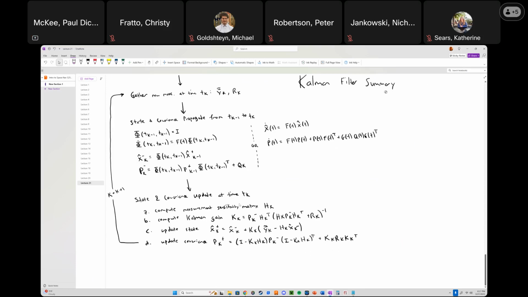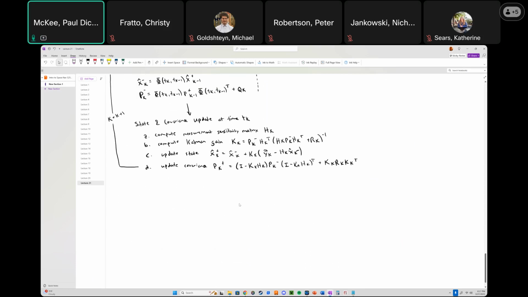So the next thing I want to talk about is Kalman filter considerations. Process noise is one of the most misunderstood and misused parts of a Kalman filter.